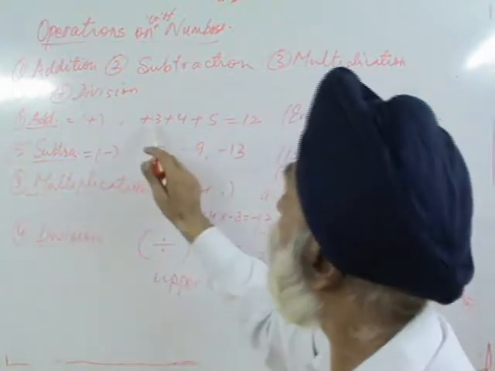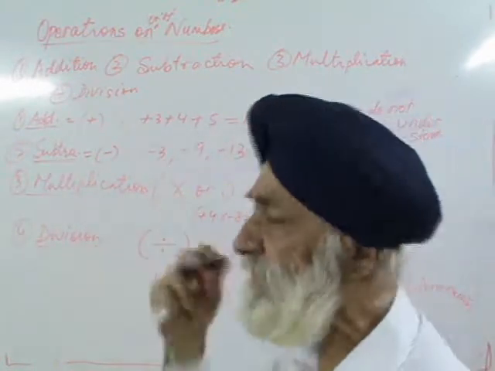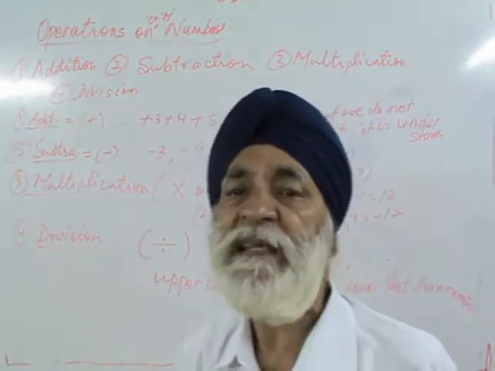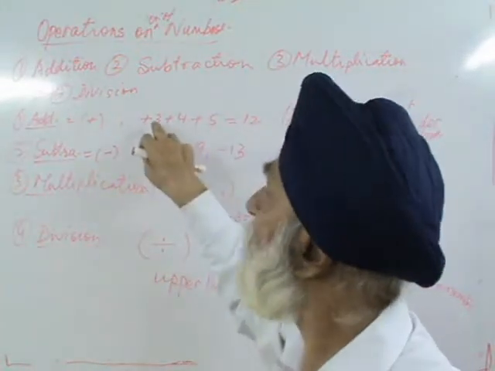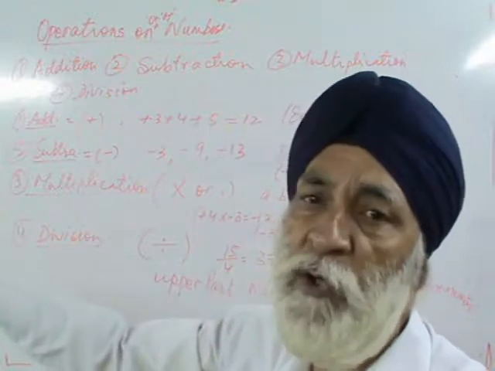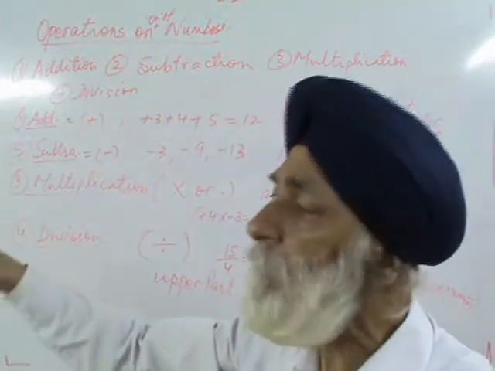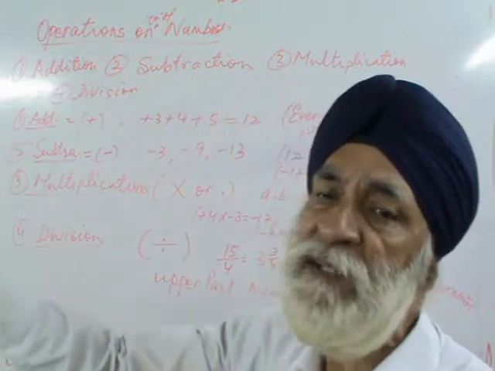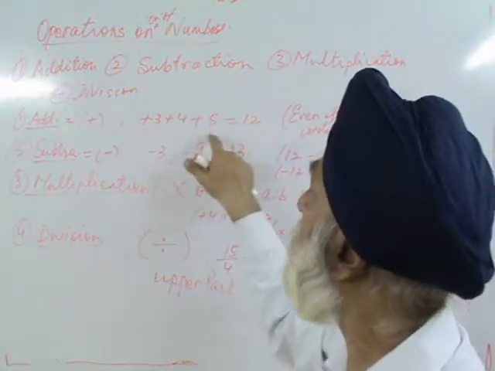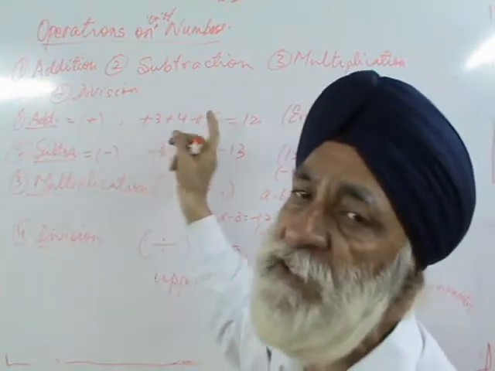Where I have written 3 plus 4 plus 5, that is equal to 12. It means adding: if I have 3 pens, my friend has got 4, and my other friend has got 5 pens, then the total becomes 12. That total is called addition.